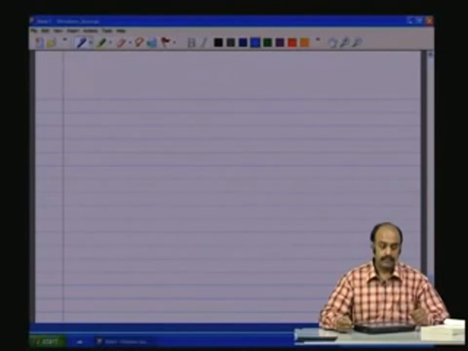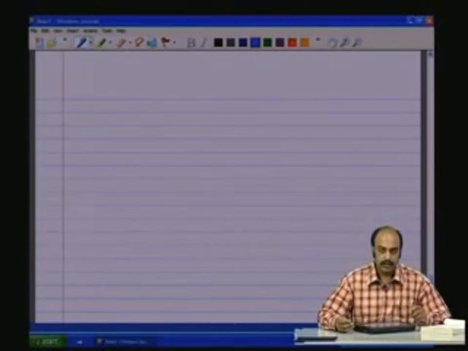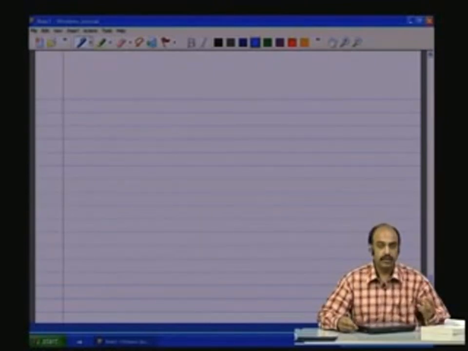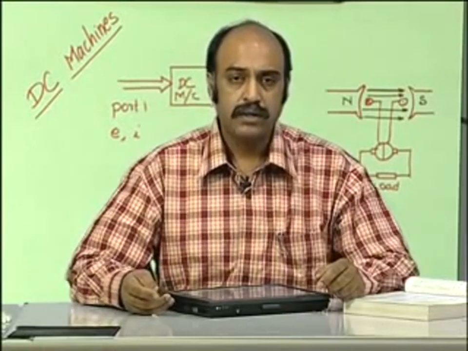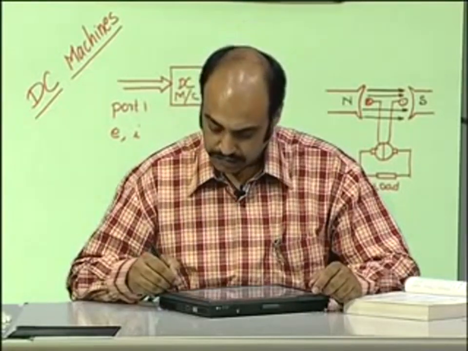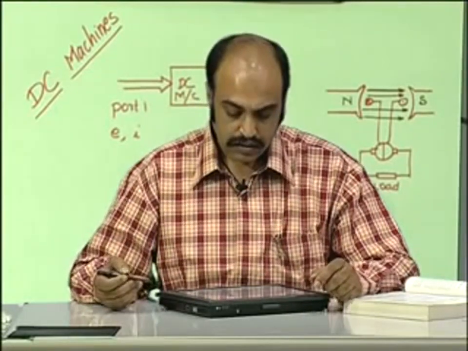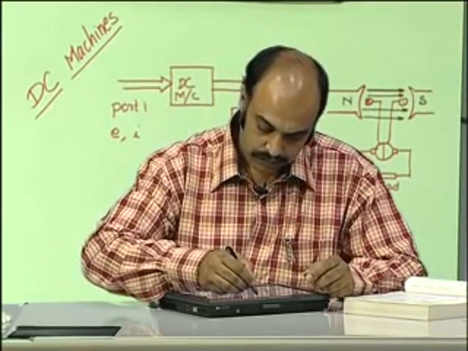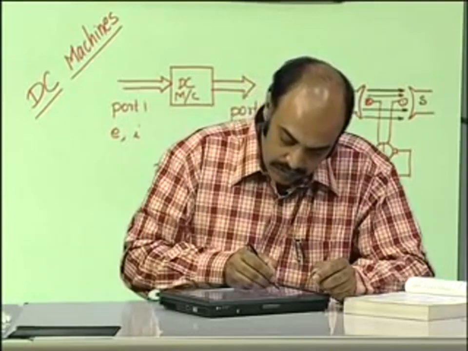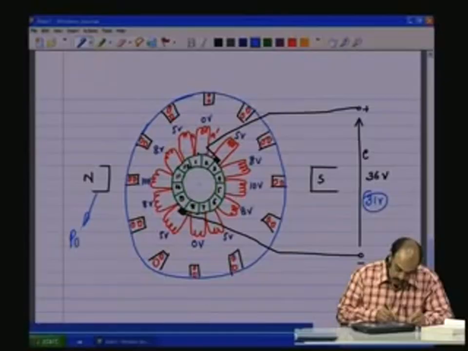The structure of the DC machine is in this fashion. At this point, it may be a good idea to have a look at how the core and the shaft of a real motor will look. So let us have a look at the shaft. Before that, I would like to put in some labels. These are called the poles.